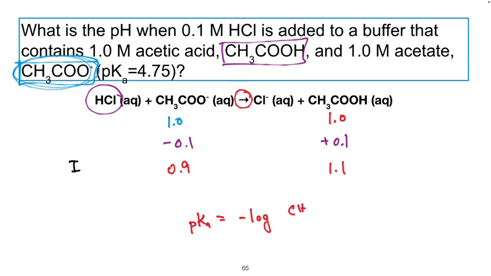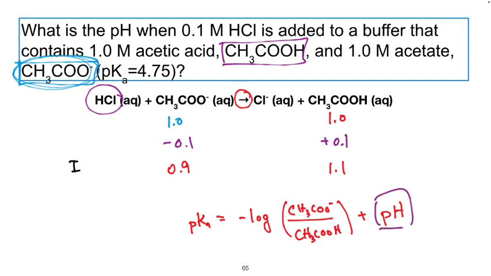Was it CH3COO minus on top? Yeah. Plus our pH. We could solve for the pH by transferring this giant chunk over to the other side, and then we just sub in all those numbers. Make sense?